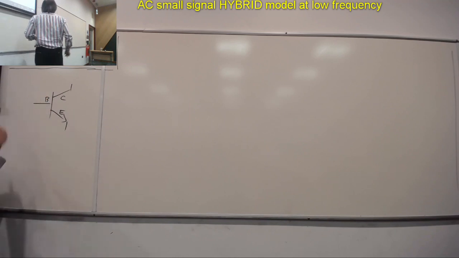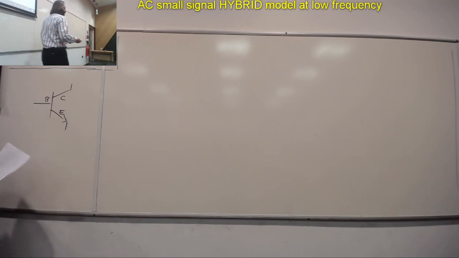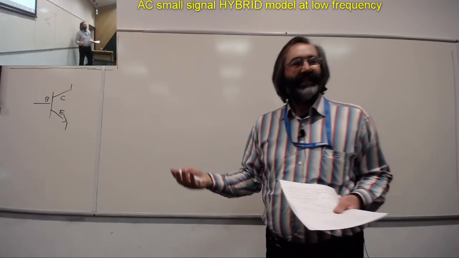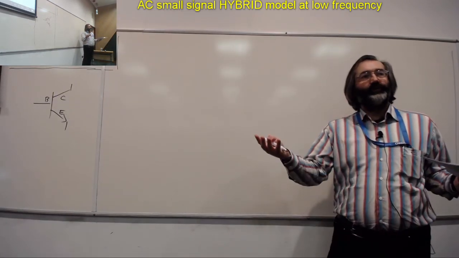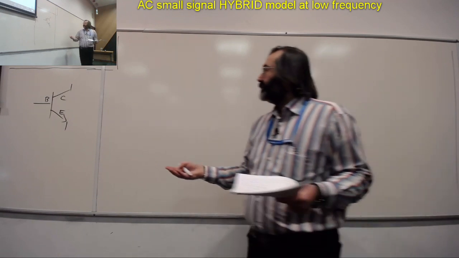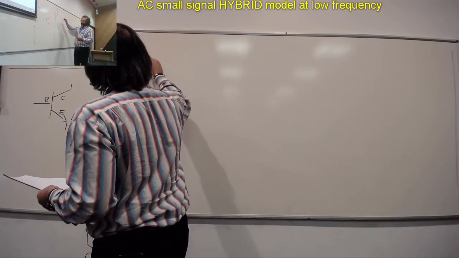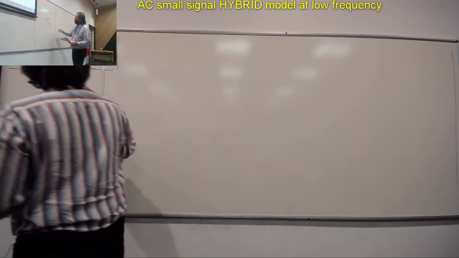This is the base. So this is a 3-terminal component, and this 3-terminal component can be seen as a 2-port element. 2-port in the sense, so imagine, I shall draw it probably here.